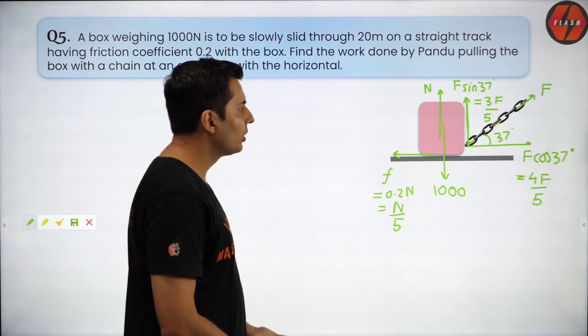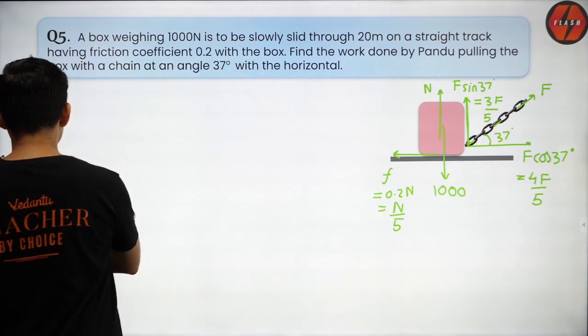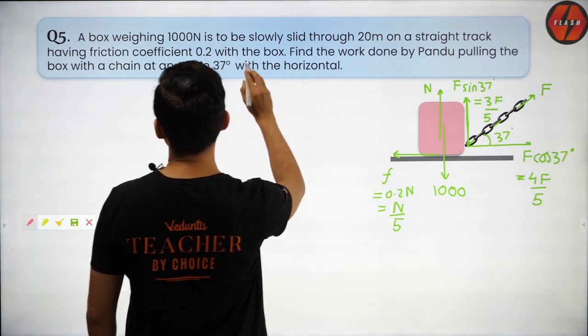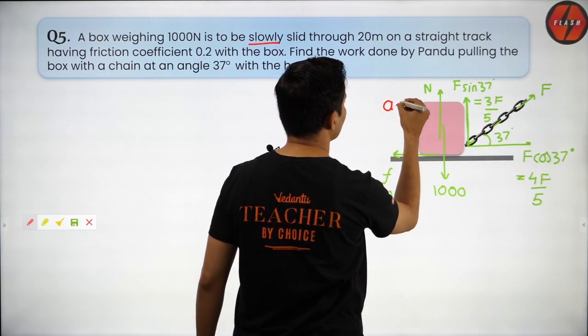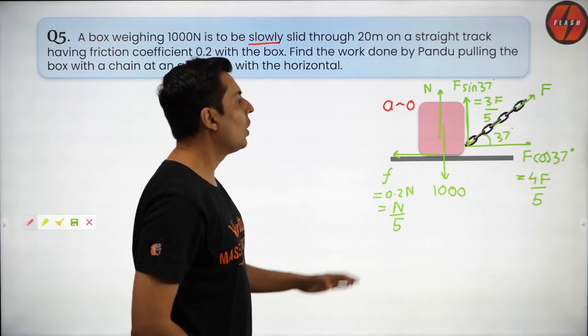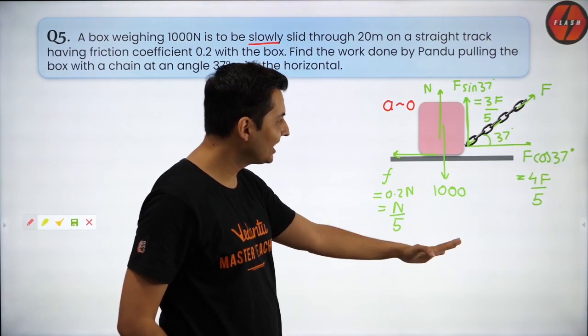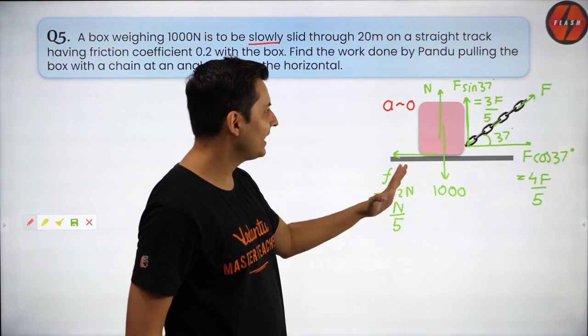Okay, now what do we do? Since it is given that it is moving slowly, that means acceleration is negligible, so all the forces should balance each other. Yes, it should balance each other.